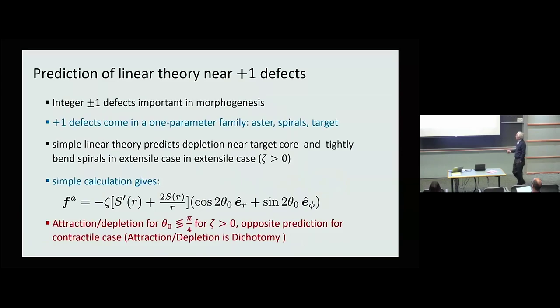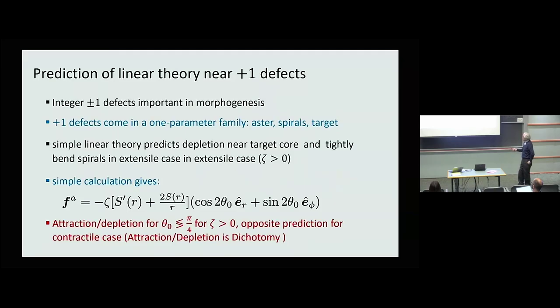Then the simple prediction by the linear theory says that if theta is positive, by simple calculation, we obtain this. S is a scalar order parameter, and theta 0 is a tilt angle. If the tilt angle theta 0 is smaller than pi/4 for the positive theta case, then the cell will be attracted to the core.